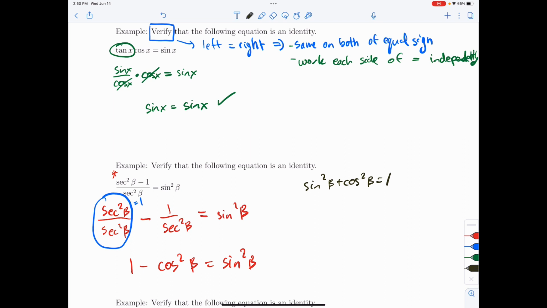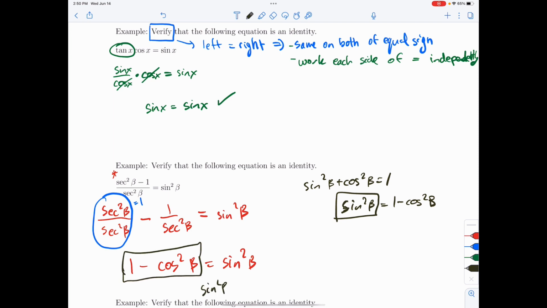So if I subtract cosine squared from both sides, I get 1 minus cosine squared. So I can replace this 1 minus cosine squared with sine squared. And I have it. So again, the last step, those are exactly equal to each other. And then I have equal signs all the way down.